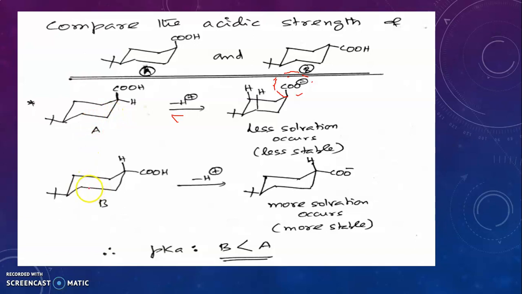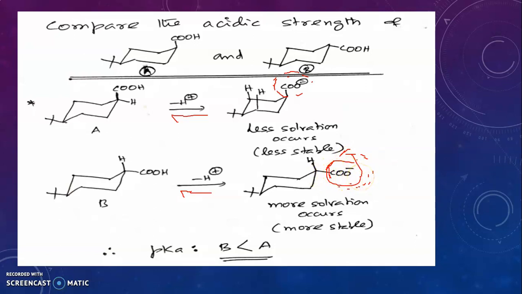Now, if you take the trans acid, if it loses H plus, you will get a carboxylate ion. Now the carboxylate ion is present in the equatorial position. So even if extensive solvation occurs, the increase in steric crowding here does not destabilize the conformation, because this group is present in the equatorial position.